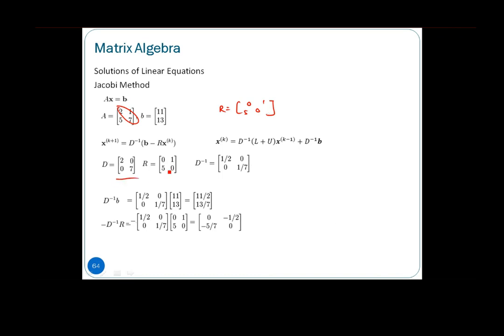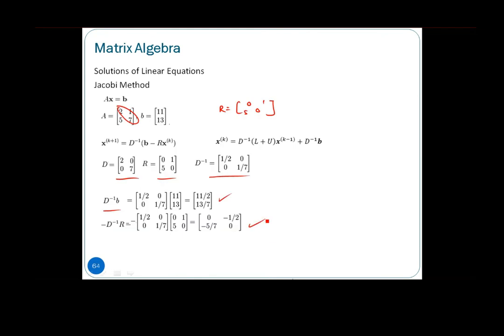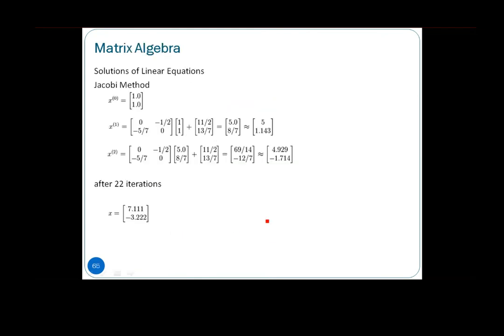Then you have the diagonal and the remainder, so you can find your inverse diagonal multiplied with b, which is 11, 13. Then the inverse diagonal multiplied with R is this. So then you can do it step by step.